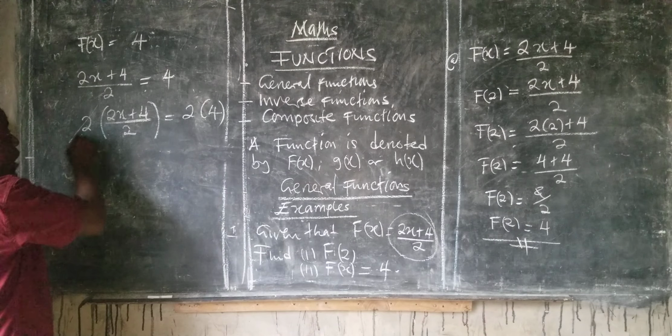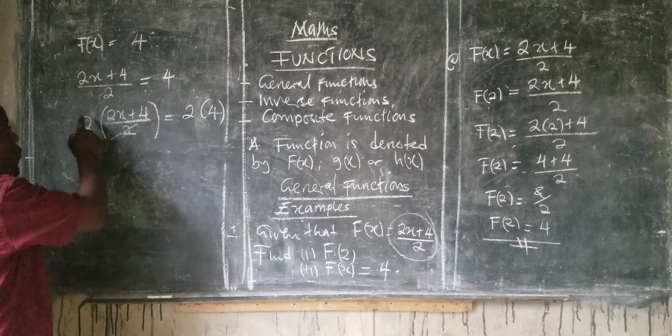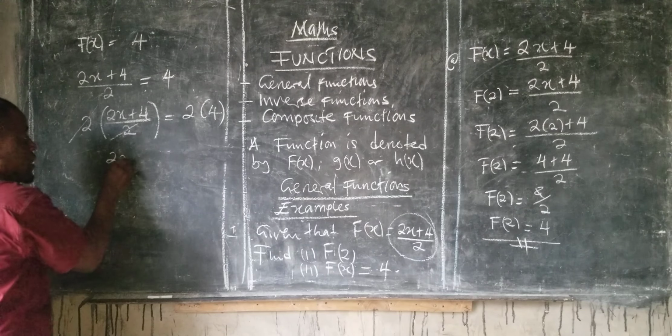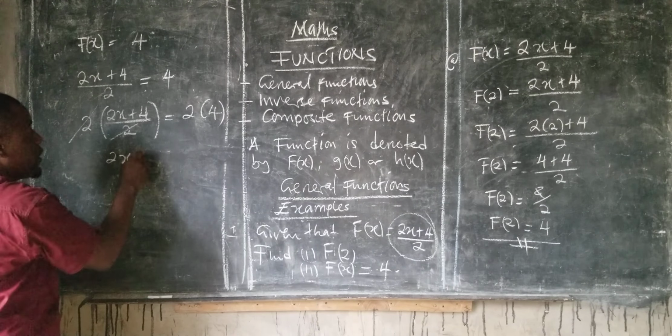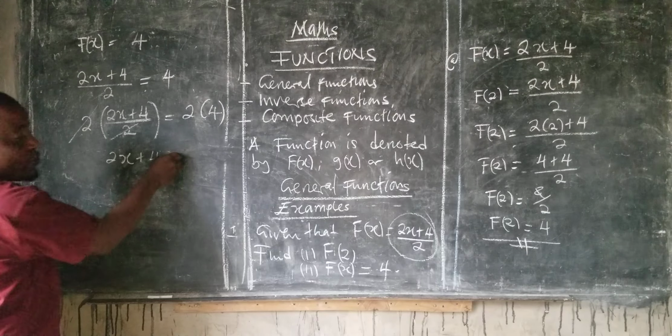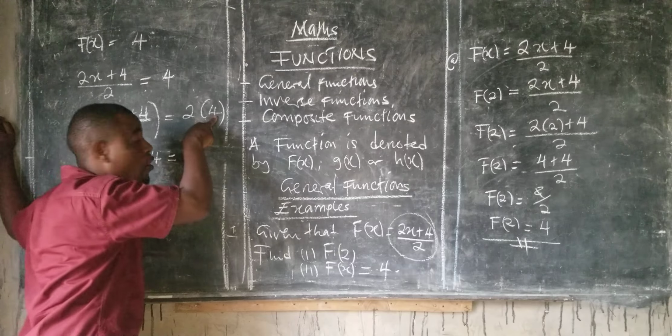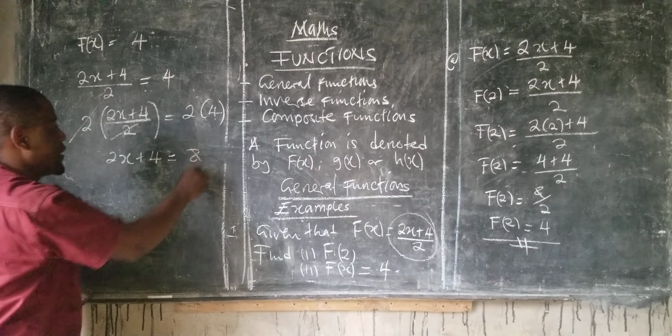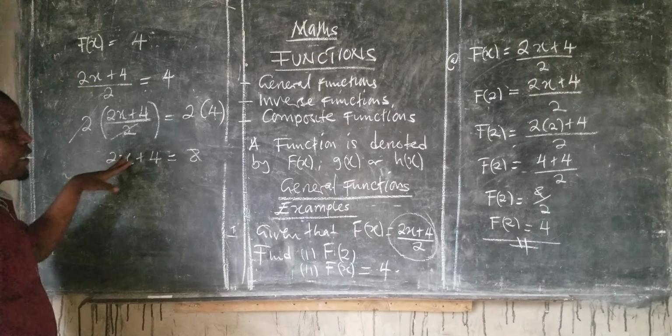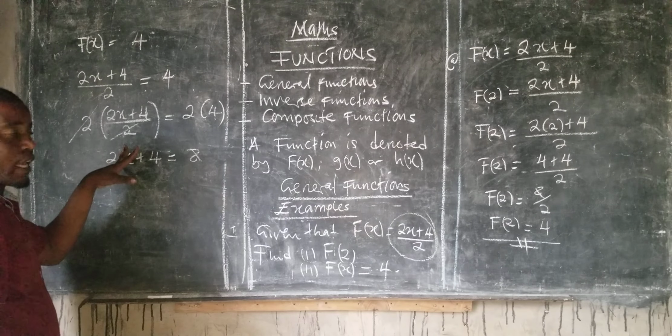You cancel the 2s, remaining with 1 times 2x plus 1 times 4, which is 2x plus 4. And 2 times 4 is 8. We have removed the 2.